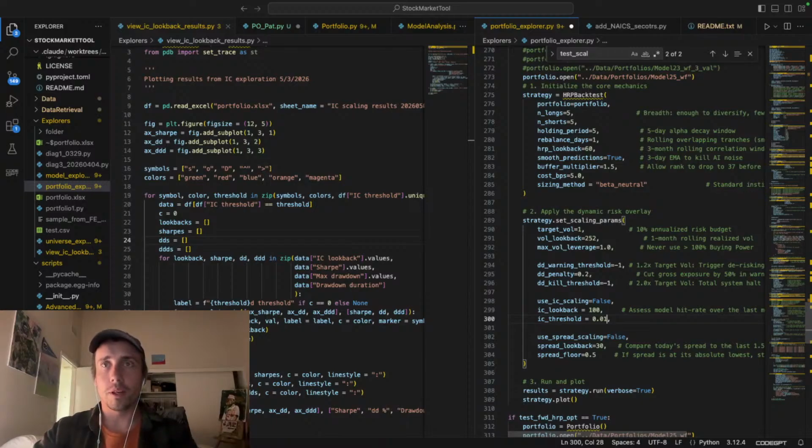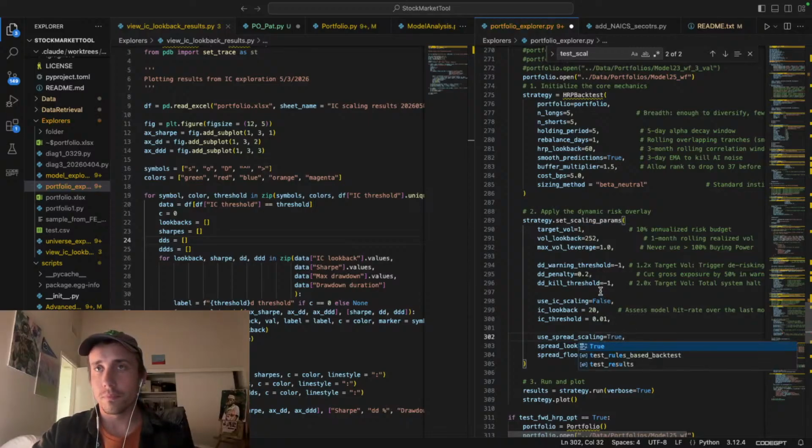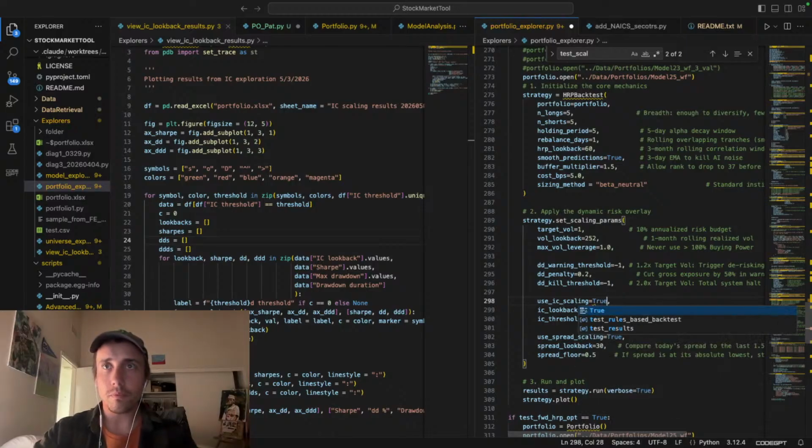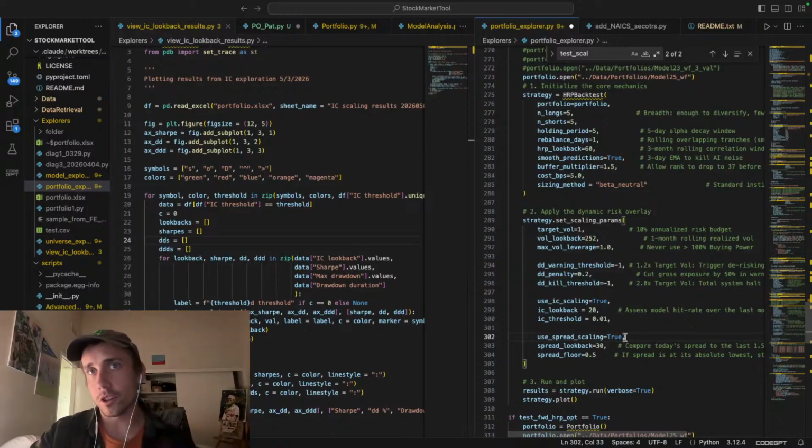So what if I'm just penalizing below 0.01 using a 20-day look back, and spread scaling let's turn on. You mean the spread of the model? Yeah, I do have that. I haven't been messing with that, but I'm gonna start right now.